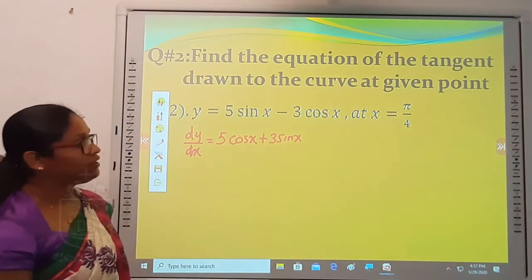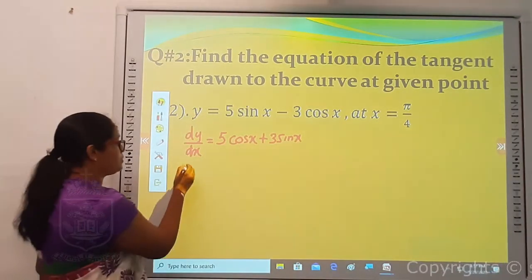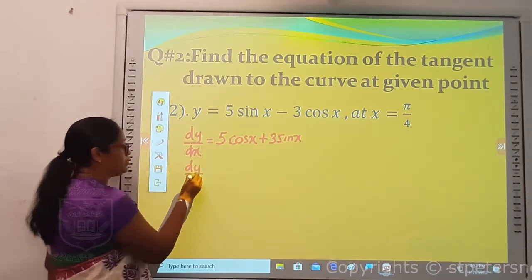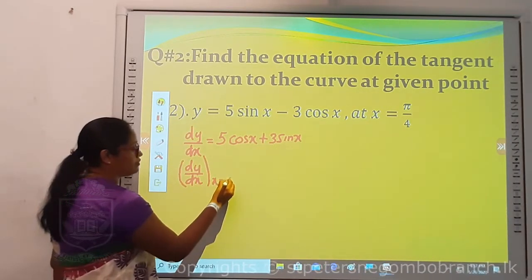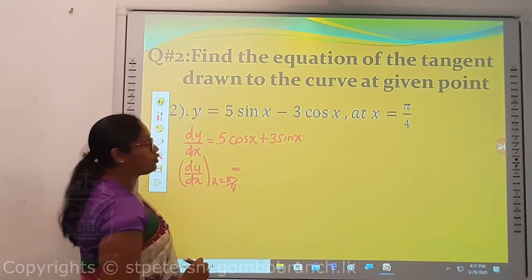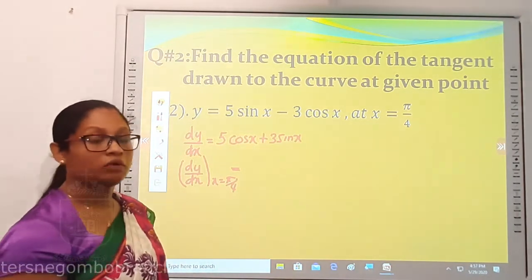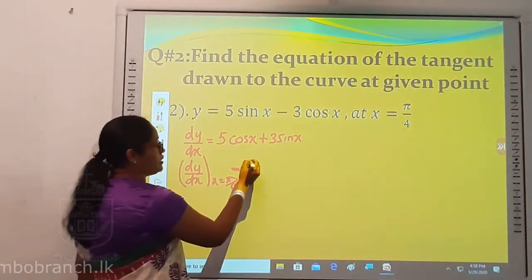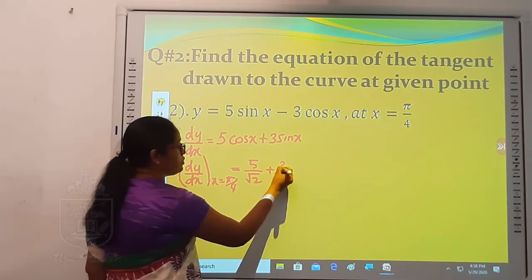To find the gradient of the tangent, we should replace x with 5 by 4. So dy over dx at x equals 5 by 4 is equal to: cos 5 by 4, you know that is 1 over root 2, sin 5 by 4 is also 1 over root 2. So I write this 5 over root 2 plus 3 over root 2.